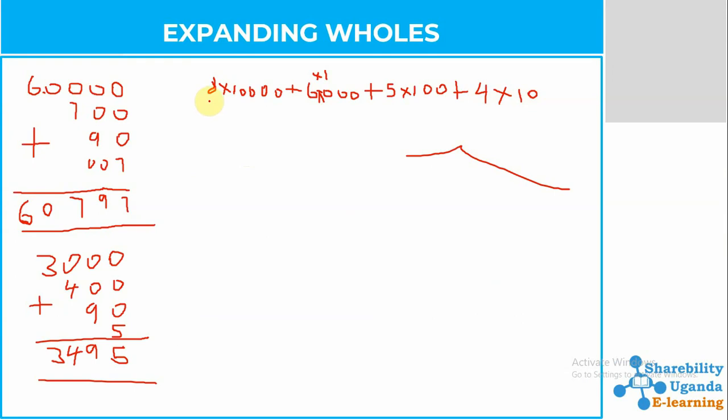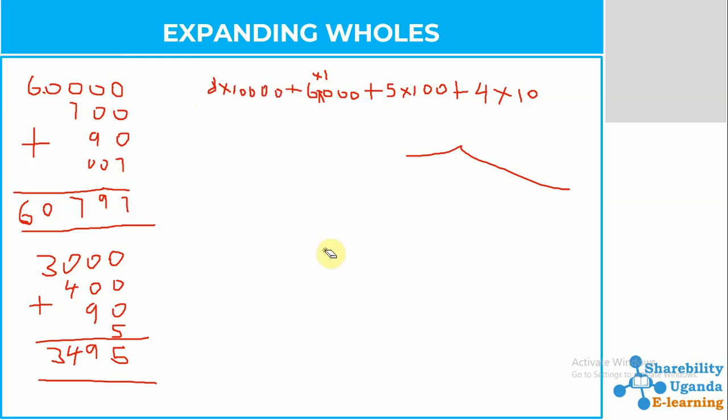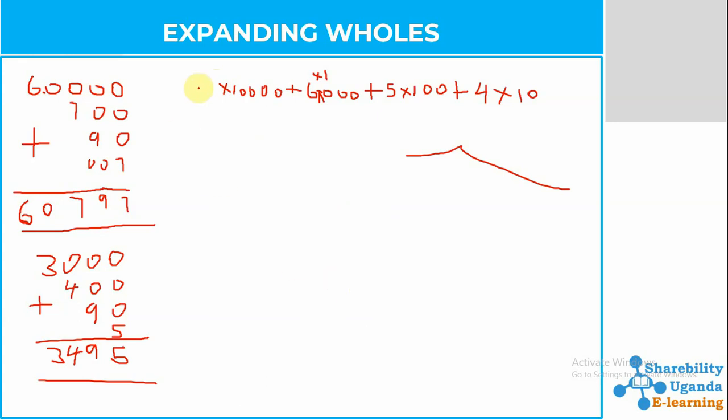Okay, so this is the number. Please, this is 8. Let me write it well. Okay, so now we want to write this number in a short form.